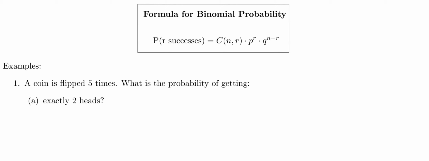To compute the binomial probabilities, we will use the following formula. The probability of r successes, so however many successes we are looking to get in our certain number of trials, is the combination for n trials and r successes times p, which recall is the probability of success, raised to the r. r is the number of successes.